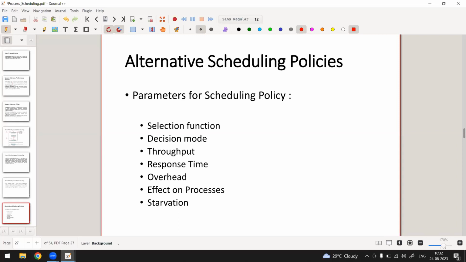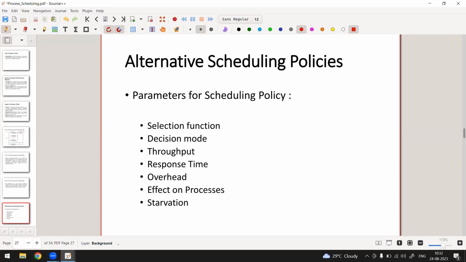Then you have overhead, which means the overall load on the system. Effect on the processes means, when you are executing the processes, what kind of effect is happening on the processes due to your scheduling policy. And finally, you have starvation.